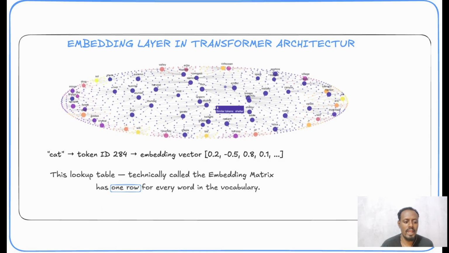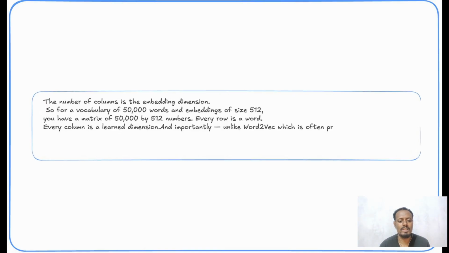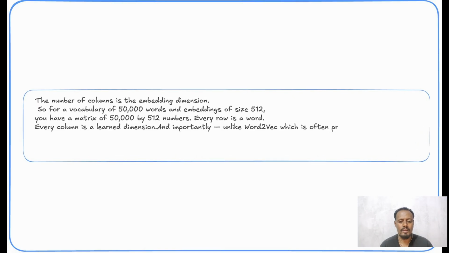This lookup table is technically called the embedding matrix. It has one row for every word in the vocabulary, and the number of columns is the embedding dimension. So for a vocabulary of 50,000 words and an embedding size of 512, you have a matrix of 50,000 by 512 numbers. Every row is a word, every column is a learned dimension.